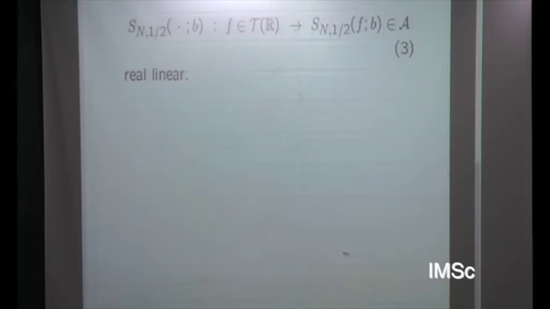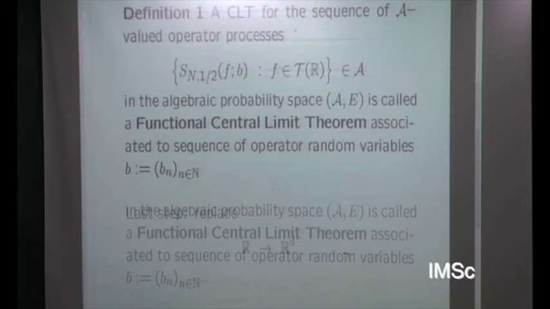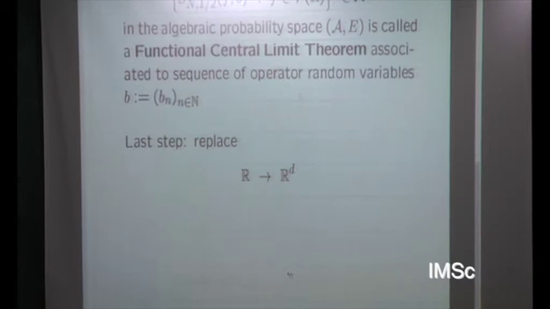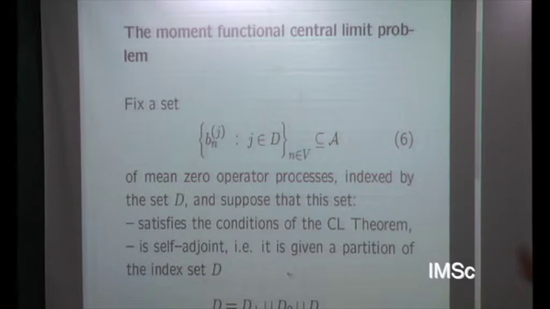Now we want to get, as I said, the bridge. So we will replace R by RD. We have to replace the intervals by some appropriate finite sets. For example, they can be square rectangles. Typically one can take squares.